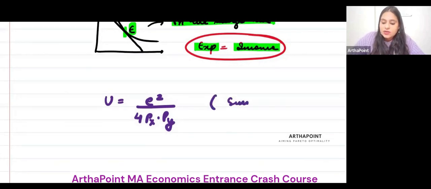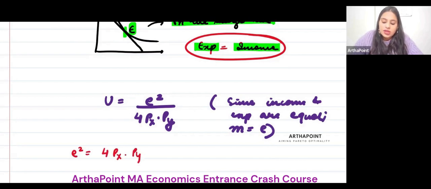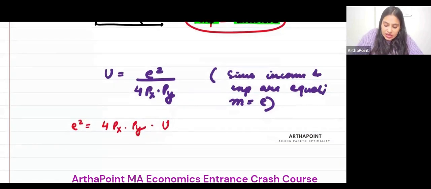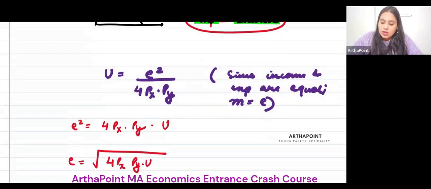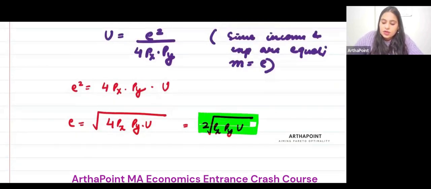So we can say since income and expenditure are equal, M is equal to E. From here, find the value of E. So E square is 4px py into U. So E will be under root of 4px py into U. That means it will be 2 under root px py u. This is called the expenditure function.